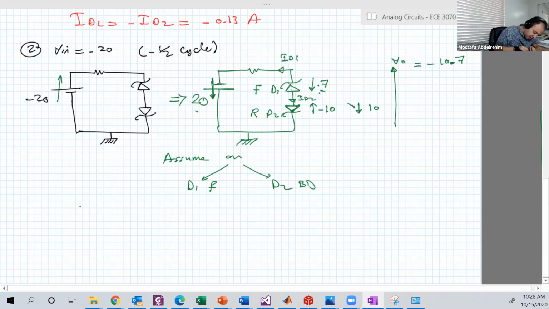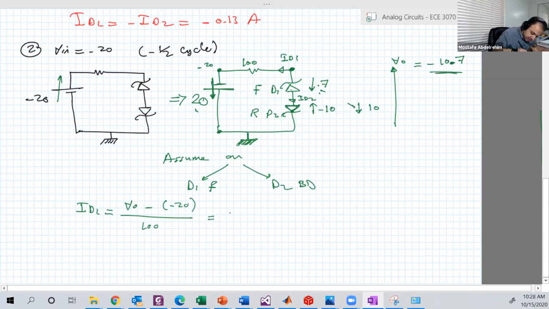So let's calculate ID1. ID1 equals this point minus this point over 100 ohms. This point is VO, and this point is the ground, which is larger than this by 20, so this is minus 20, over 100.